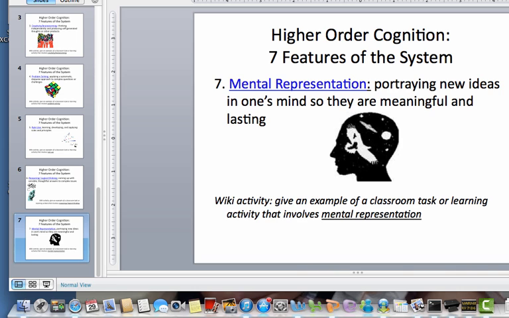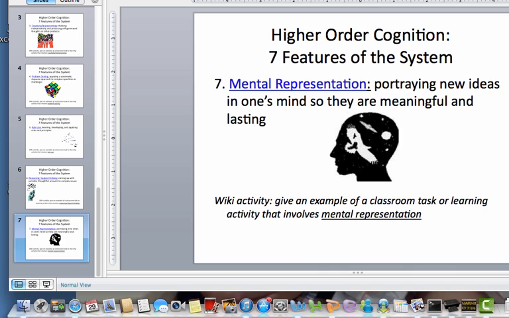Mental representations can be used across content areas in the curriculum and are a very key tool that's used to support students in being able to grasp the key concepts of a topic and recall information that accompanies it.